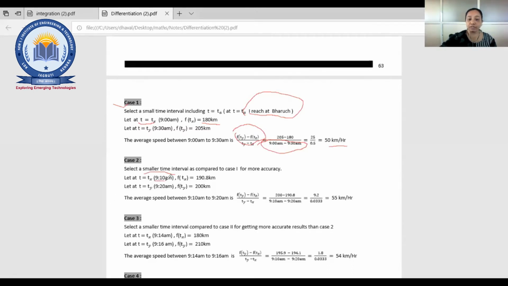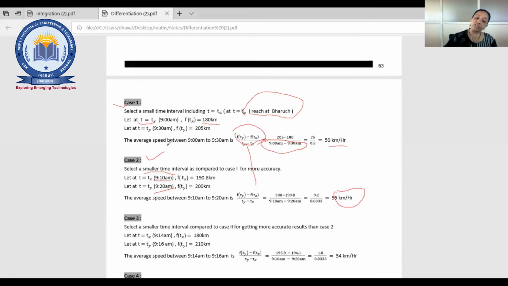The equation is the same: (f(ty) minus f(tx)) upon (ty minus tx). So we get 55.